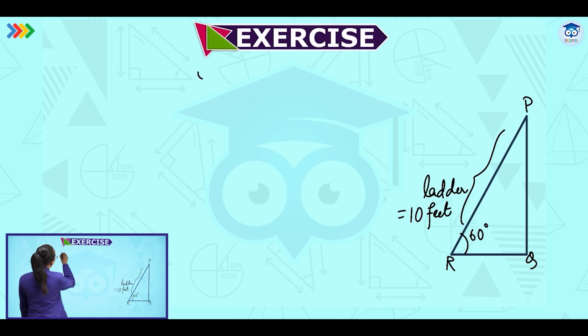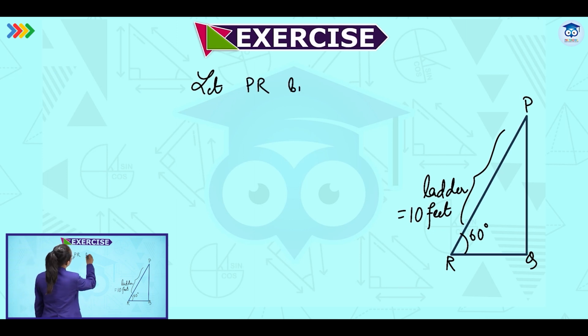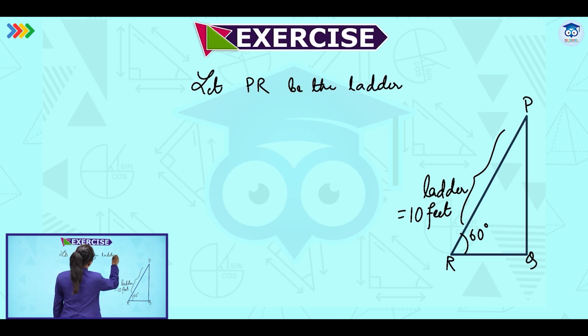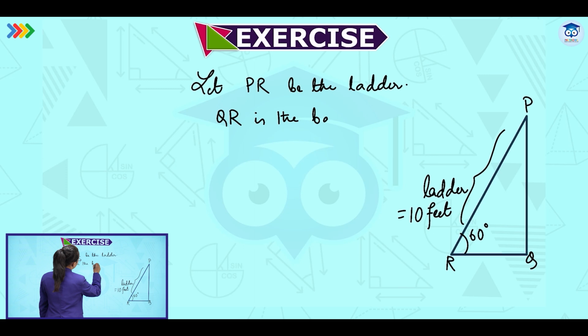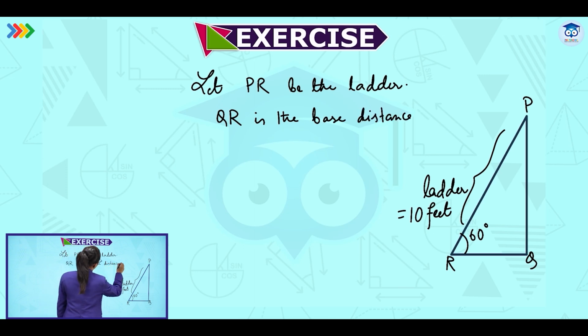So since this is a word problem, we'll start with let PR be the ladder, and QR is the base distance, and this P is the position where the ladder touches the wall, okay?